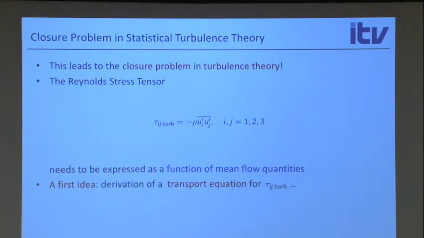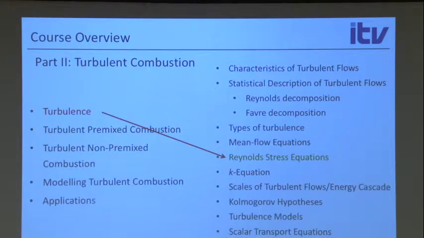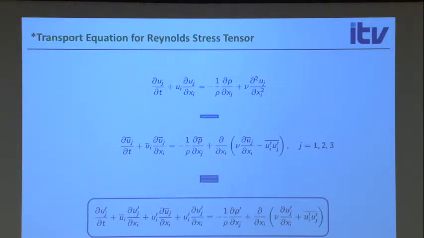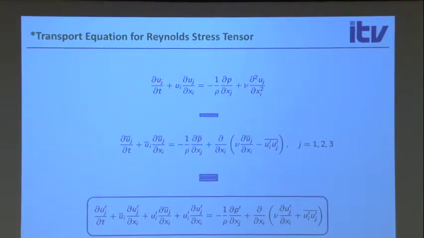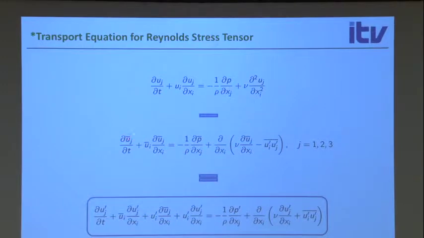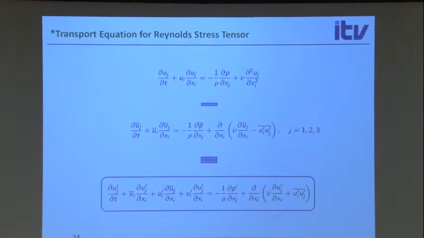So let's do that. Here, derivation of a transport equation for this second-order tensor. And this derivation is simple. Take the local instantaneous equation minus the mean equation. That gives you an equation for the fluctuation.